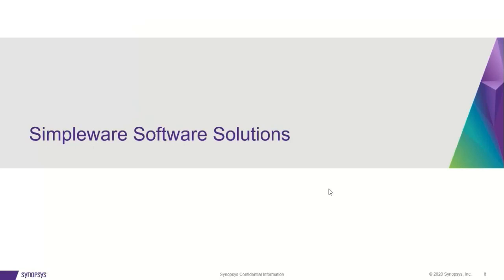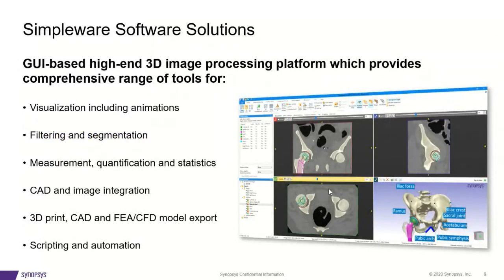Looking at our software, we offer a software solution that goes from images to models. It's a GUI-based high-end 3D image processing platform, and it provides a comprehensive range of tools for visualization, filtering, and segmenting your image data. You can see the GUI interface on the right. You have the 3 orthogonal views of the image data and the 3D reconstruction on the bottom right.